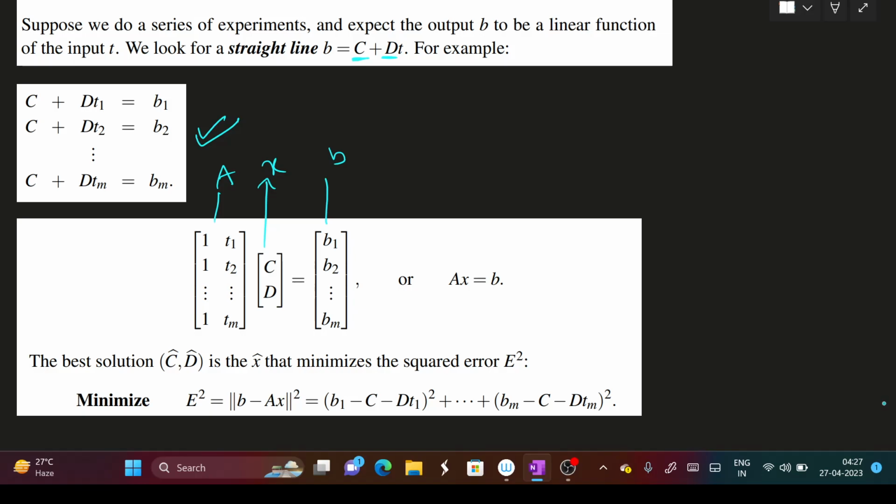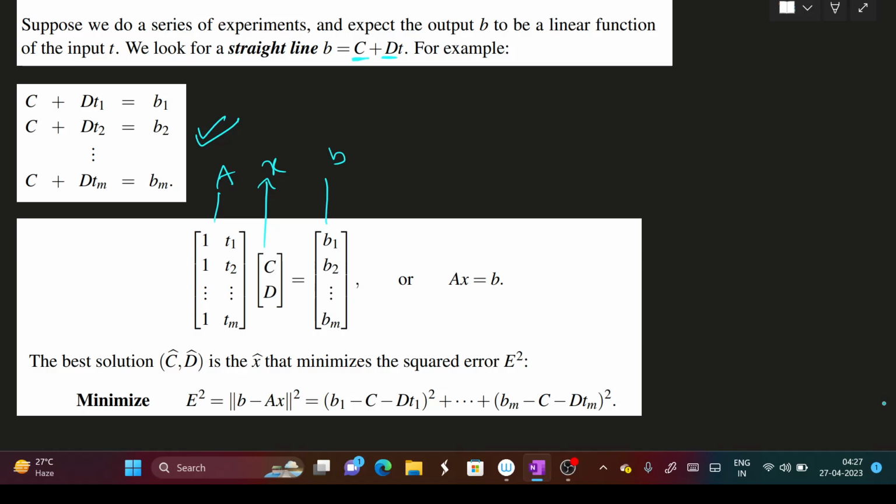Originally this method is useful for any case, but because I am fitting a straight line, whatever we discuss now applies only to fitting a straight line.